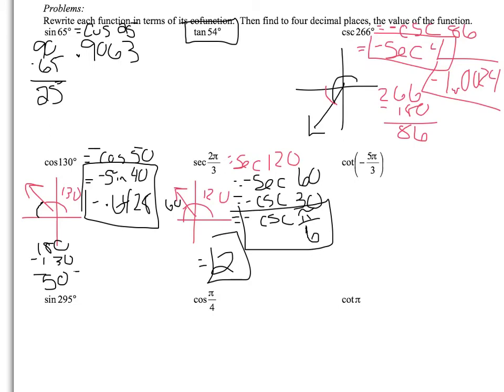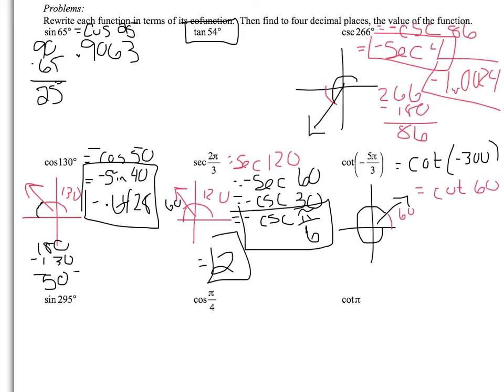So cotangent negative 5 pi over 3. Converting it to degrees first, it's cotangent of negative 300. So we graph negative 300, which is in quadrant 1. The reference angle of negative 300 is my red angle, which is 60 degrees. So I claim cotangent negative 300 will equal cotangent 60. I type them in my calculator to see if they are true, and it actually works.